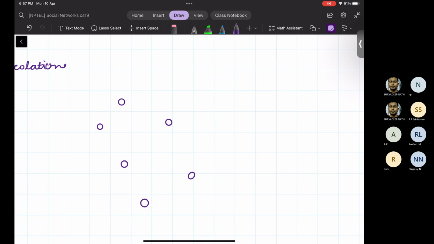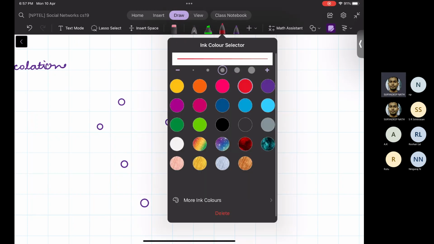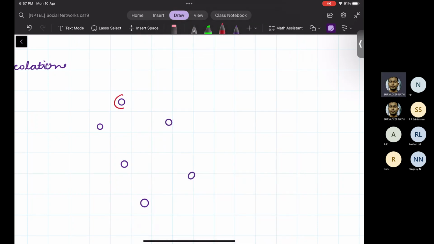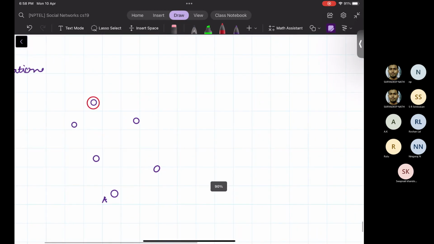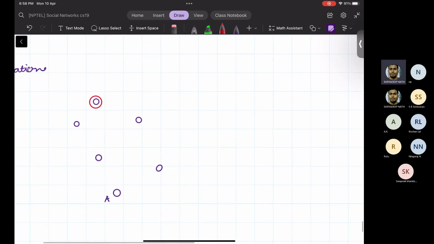Now let's say this is your infected node, and let's say this is node A. Now let us consider option one.